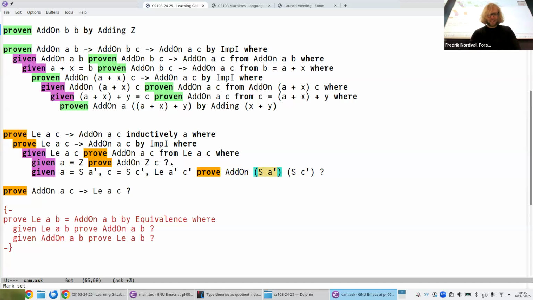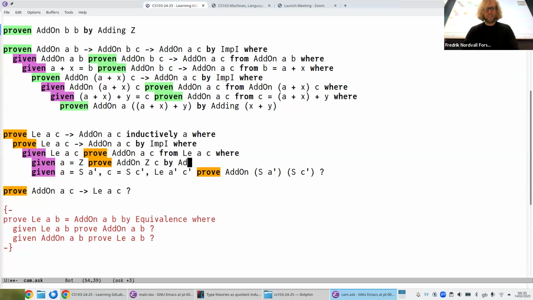Okay, let's deal with the base case first. Here we know that A is 0, and we are asked to find something such that if we add that something to 0, we get C. Can we think of anything like this? Add C, indeed. Because 0 plus C is C. That sounds promising.